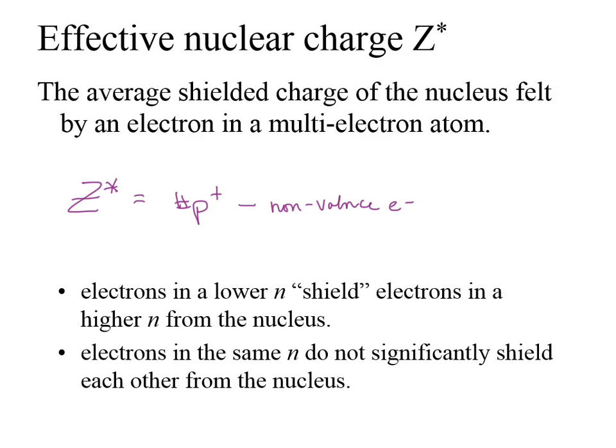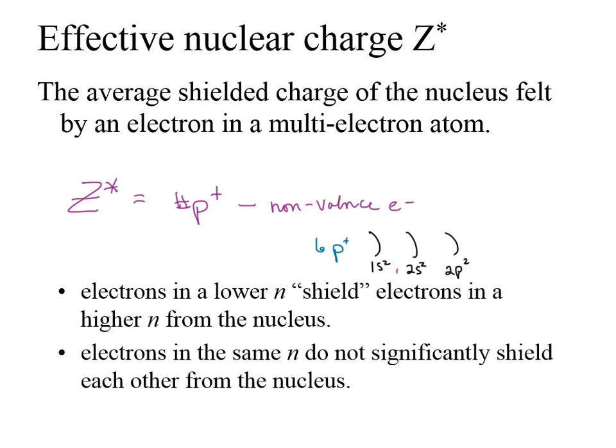Okay. So I can't decide where to do this. I'm going to make this slide go away and get a clean slide in a minute. But if I just pick on carbon, for instance, here's what it looks like. Carbon has 6 protons in its nucleus, and those 6 electrons would be arranged like this. We have 2 electrons in the 1s, 2 electrons in the 2s, final answer, and 2 electrons in the 2p.